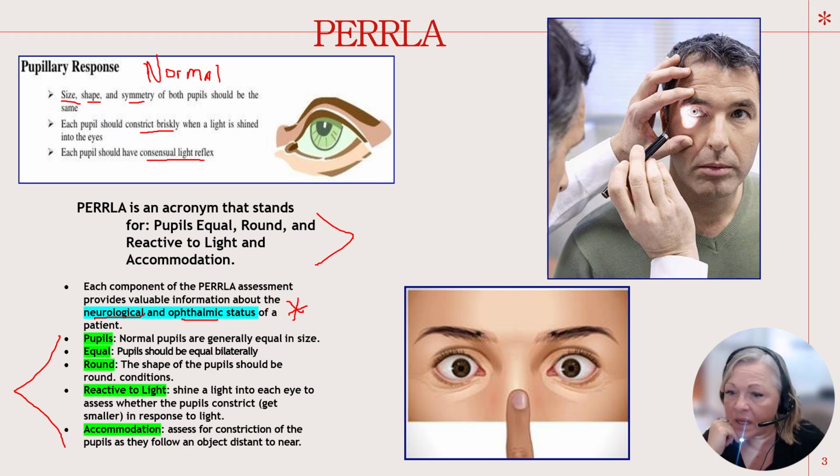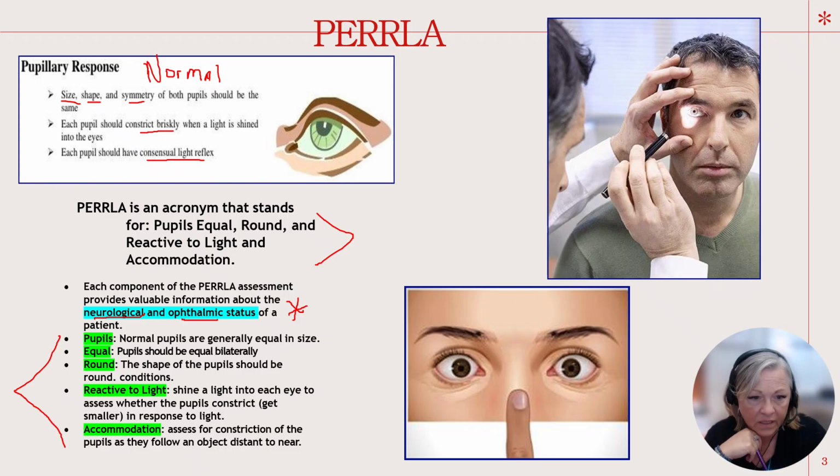Different things happen. You may already know that in their history, but patients will usually say, oh yes, I had a ball in the eye when I was 14, and they'll have a little story for you. But normally, all of us will have round bilateral pupils. That's a normal finding.